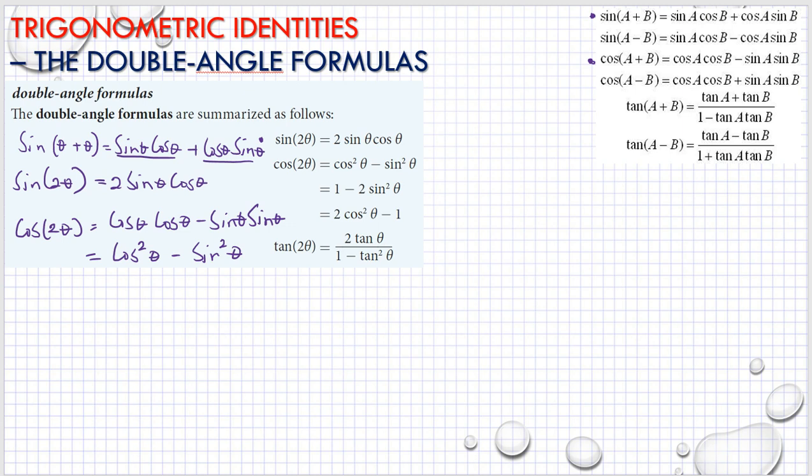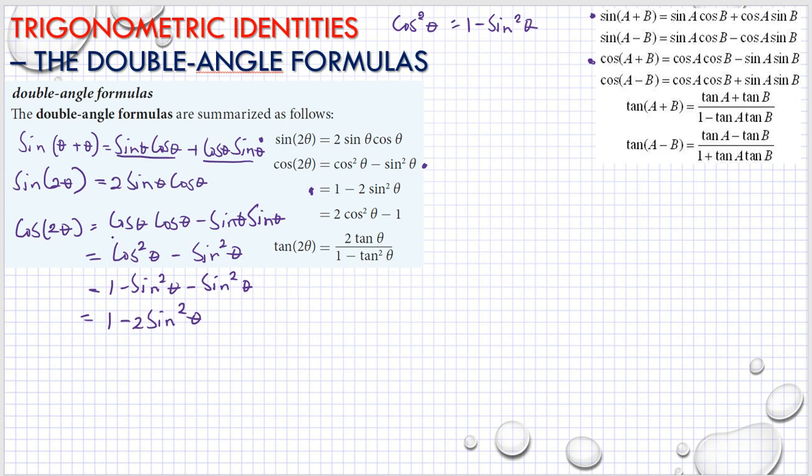But we know that cosine squared theta is also equal to 1 minus sine squared theta. So we have 1 minus sine squared theta minus sine squared theta. Then we get 1 minus 2 sine squared theta. I have proven that.